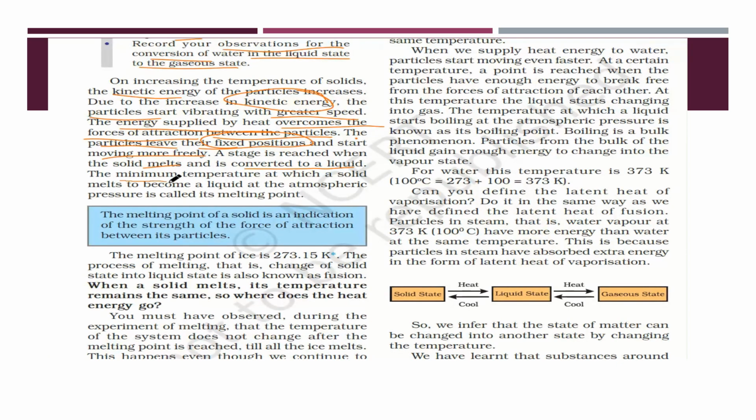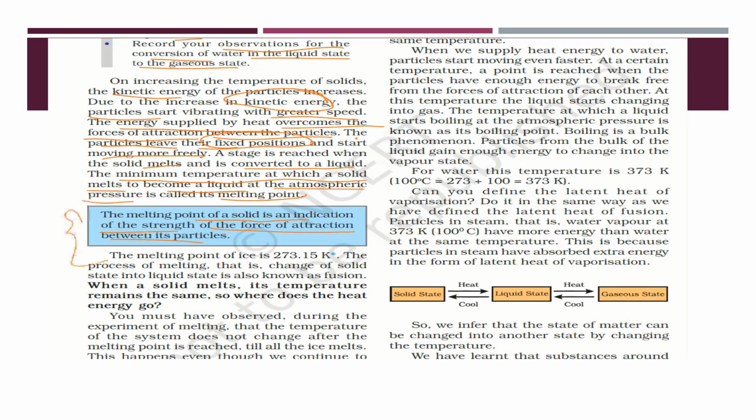The minimum temperature at which a solid melts to become a liquid at normal atmospheric pressure is called its melting point. The melting point of a solid is an indication of the strength of the force of attraction between the particles.